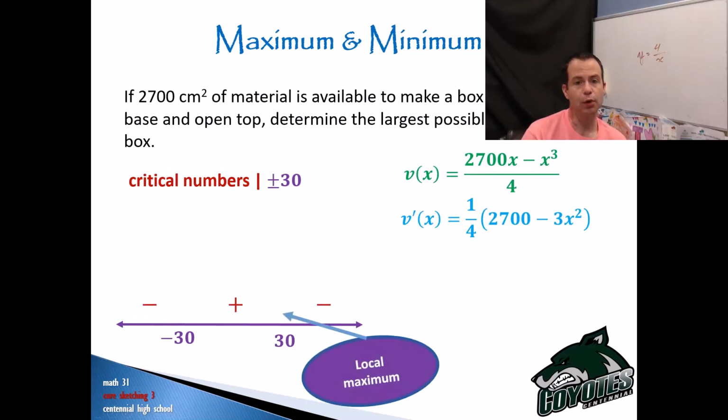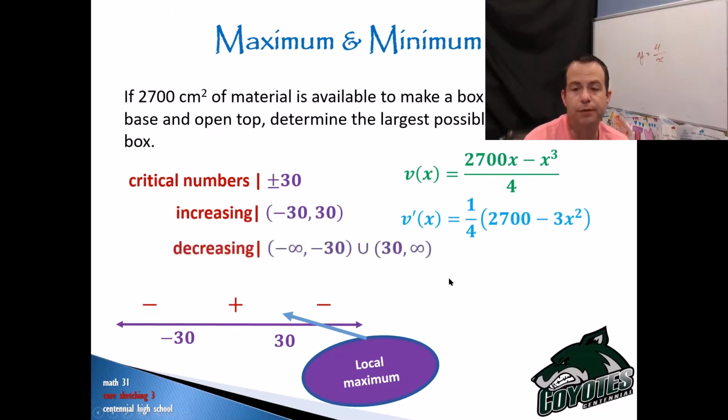Okay, so if I now know the maximum occurs at 30, I need to plug that back into the original and see what y value goes with it, right? So I'm increasing between negative 30 and 30. I'm decreasing from negative infinity to negative 30 in union with 30 to infinity.